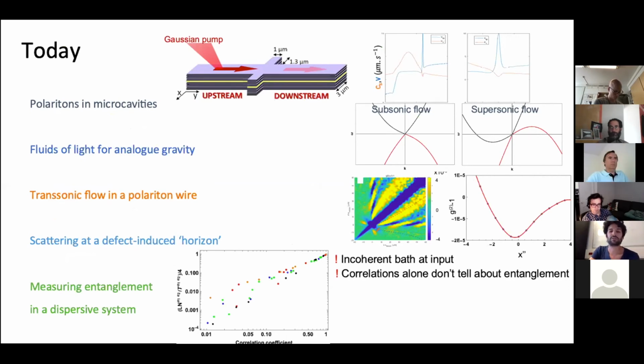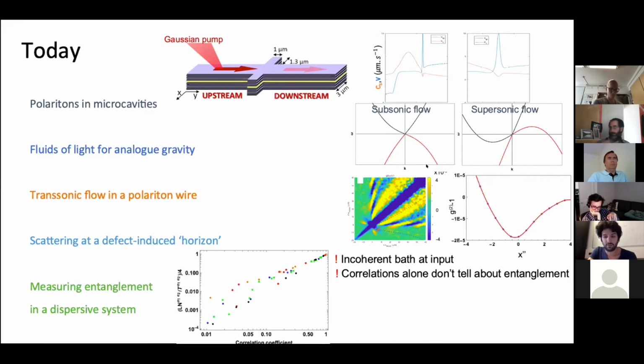So what I wanted to tell you is that really we can set up horizons in polaritons in microcavities, and that these horizons will emit by the Hawking effect, and they will emit in pairs. And these pairs are correlated and perhaps even entangled. However, there is still a lot of work to be done before we can run such an experiment.